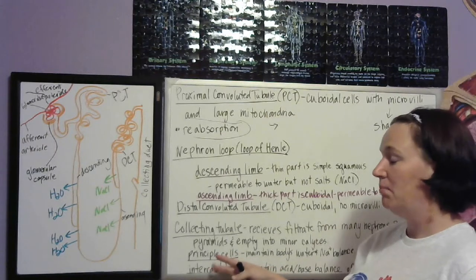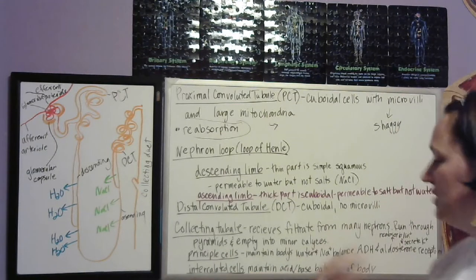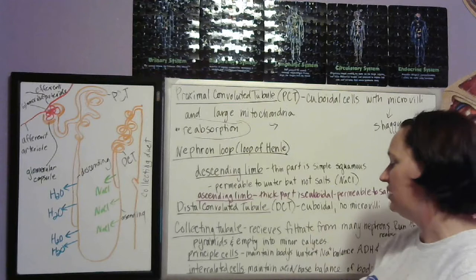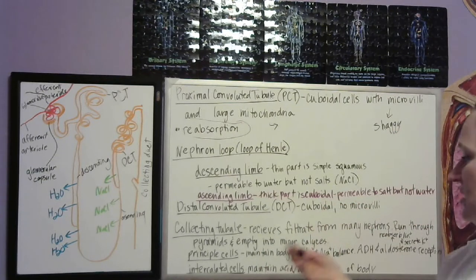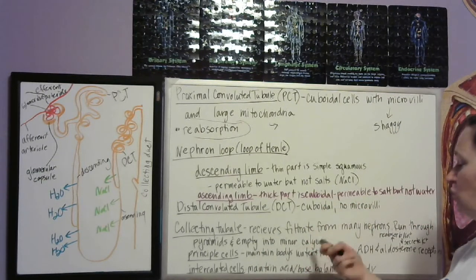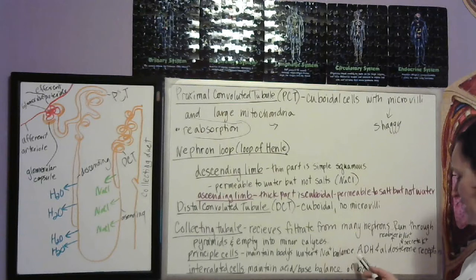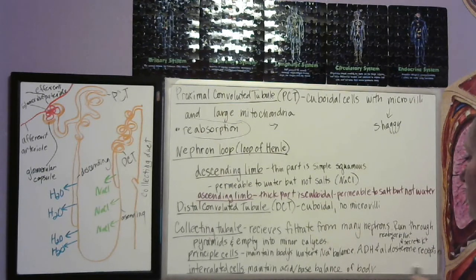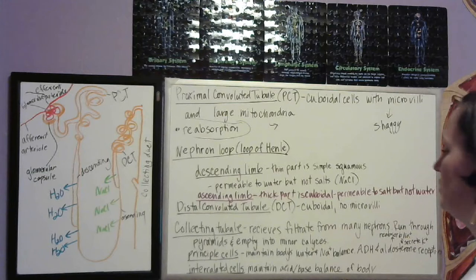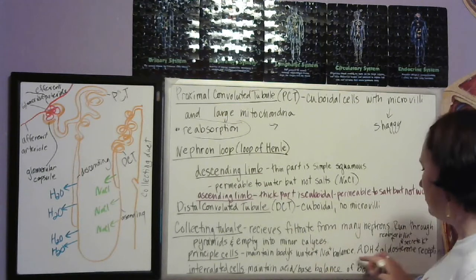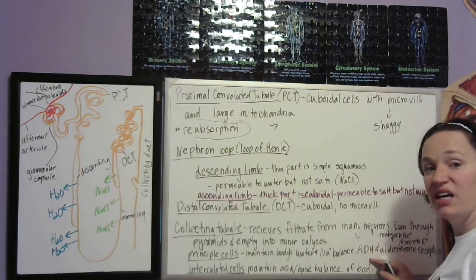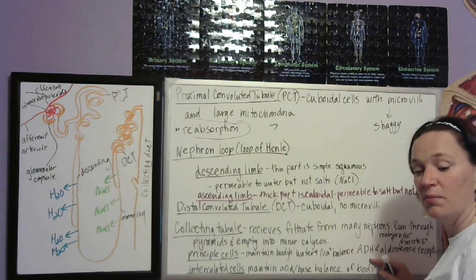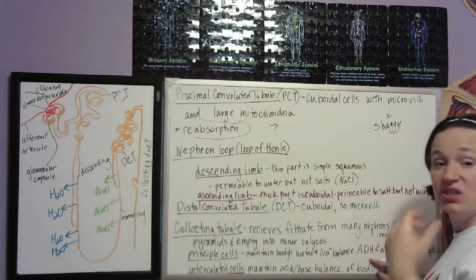It's made up of two different types of cells, the principal cells and the intercalated cells. So the principal cells maintain the body's water and sodium balance. These have receptors for ADH and for aldosterone. ADH is antidiuretic hormone, which you remember from when we talked about the endocrine system.